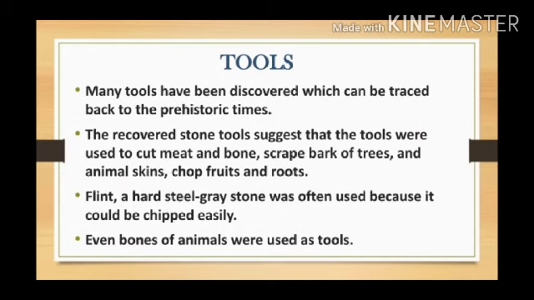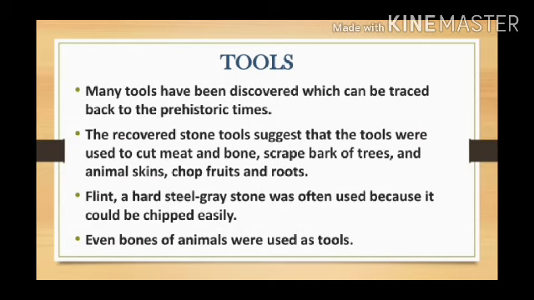Many tools have been discovered which can be traced back to the prehistoric times. The recovered stone tools suggest that the tools were used to cut meat and bone, scrape bark of trees and animal skins. They were also used to chop fruits and roots. We must know that the very first tools were just pieces of stones.